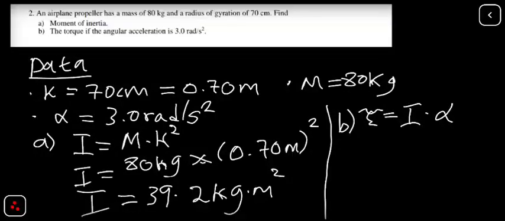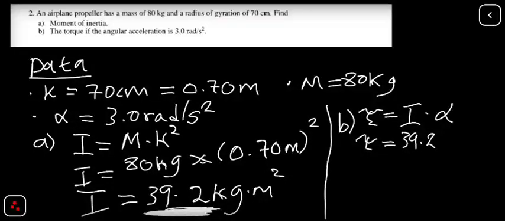So our torque will be equal to the moment of inertia which we found, 39.2, multiplied by the angular acceleration which we have been given, which is equal to 3.